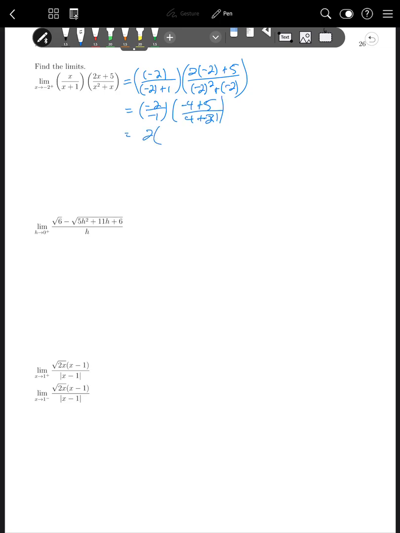So that's 2 times 1 over 2. And so that's just 1. So that's the limit there. Okay. So if it doesn't have a little jump there, you're not going to have to worry about what happens at those limits.